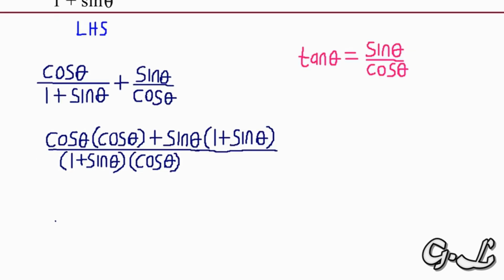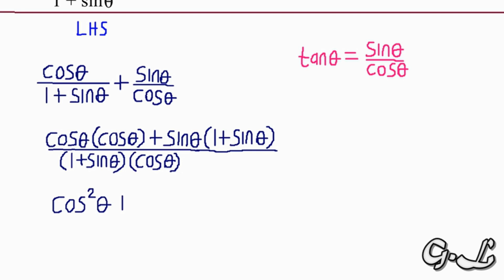And then after this, what is the next thing? The next thing that you have to do is further evaluation and calculations. So you're going to start with cos theta times cos theta. It will give you cos squared theta. And then when you consider the second step, we have sine theta, open brackets, 1 plus sine theta, close brackets.